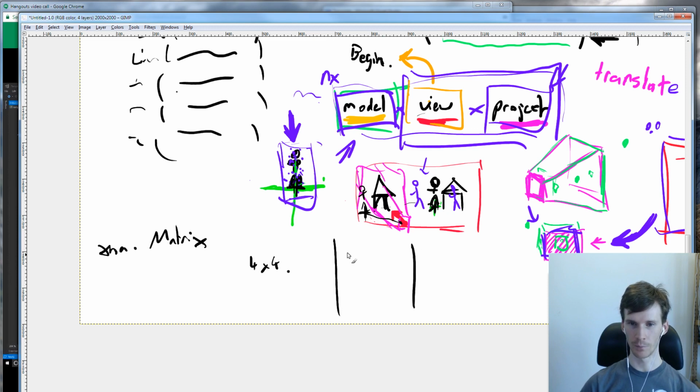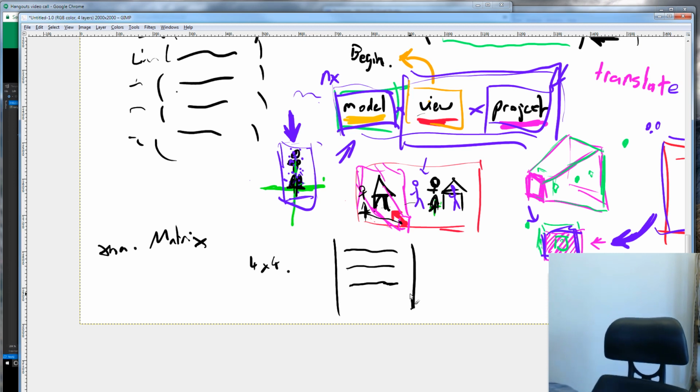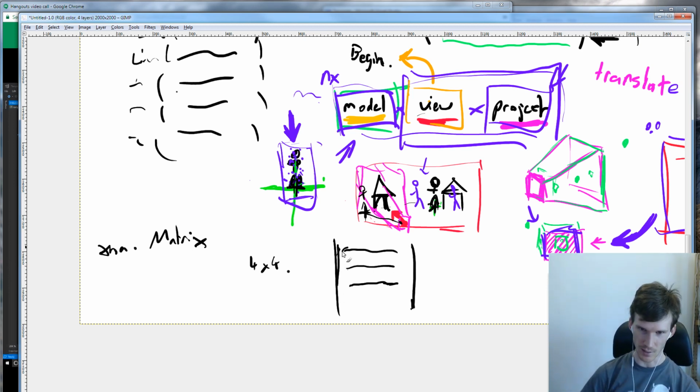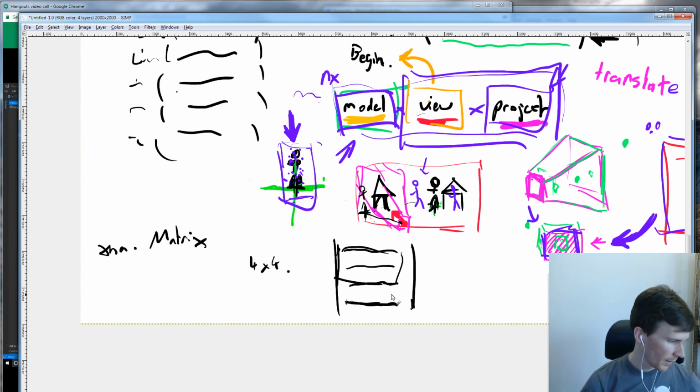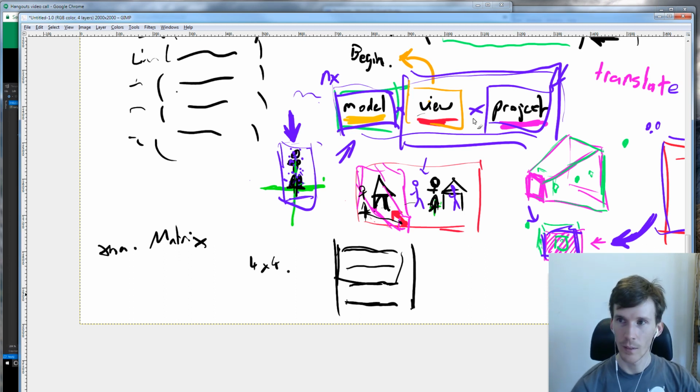So you've got i hat, j hat, k hat, which is now a legitimate 3D transformation. So this is a linear component, and then you've got this bit here. There's l hat, and then there's 0, 0, 0, 1 on the other end of that.